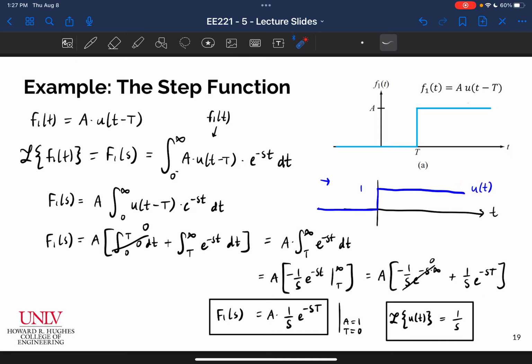And that's something that we're going to use quite a bit because our circuits are going to have unit step inputs, right, where they're at 0 and then they jump up to a value at time t equals 0. Maybe if we just let there be no time shift, but we do want the scale, we can see that. So if this was something like 5 volts or 5 for a, then this would just be 5 over s. Okay, and so this is going to be a really useful result. I'm going to go ahead and end this video here, and in the next video, we'll do another example of another function solving for the Laplace transform.